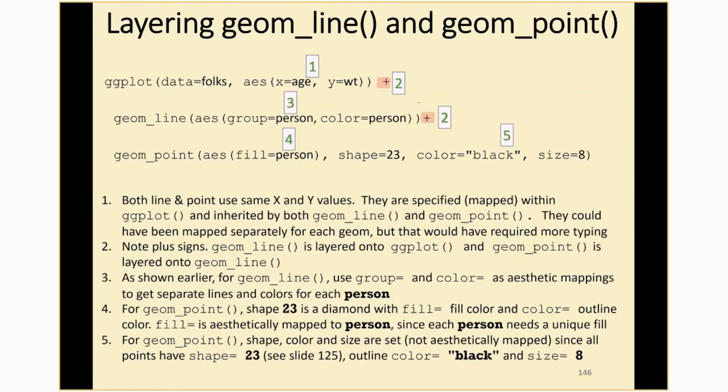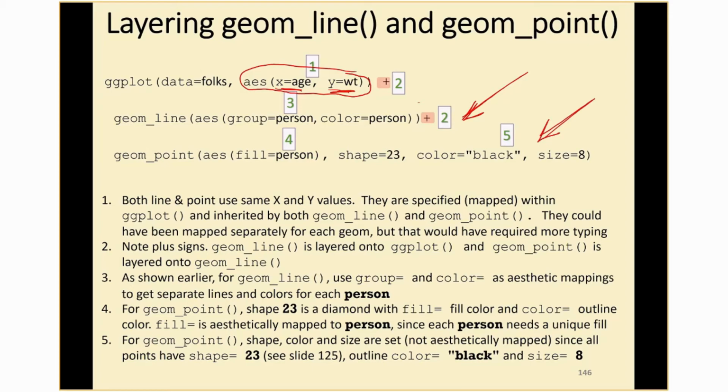So if we think about this mapping, the aesthetic mapping, it essentially says put age on the x-axis and weight on the y-axis. That's going to be true both for the line plot as well as for the scatter plot.